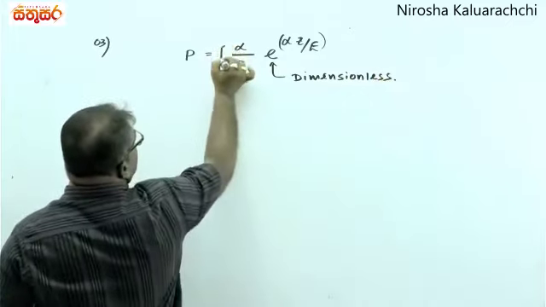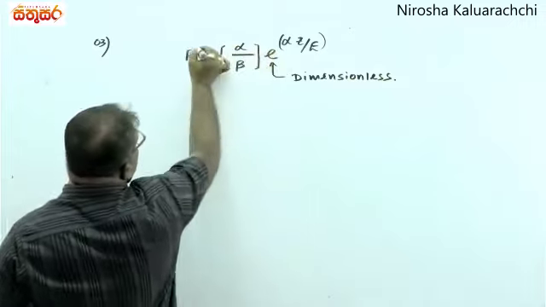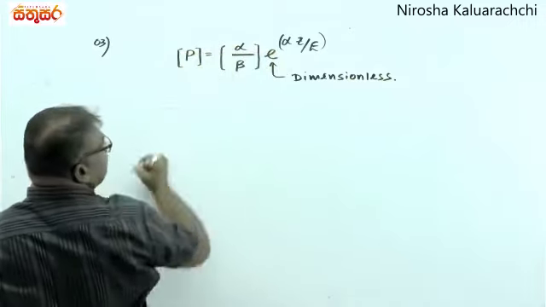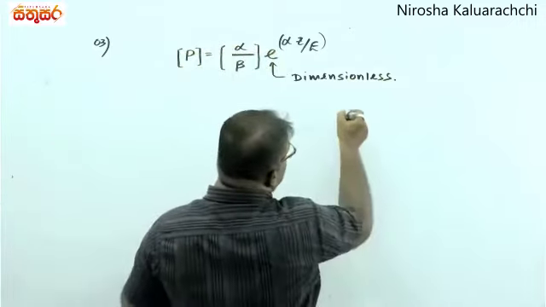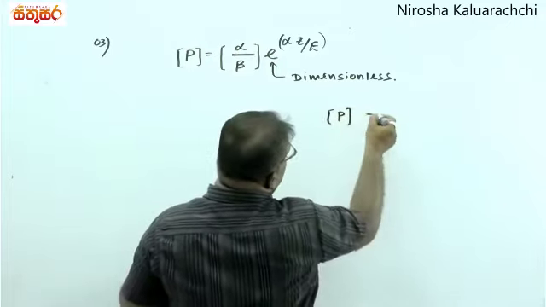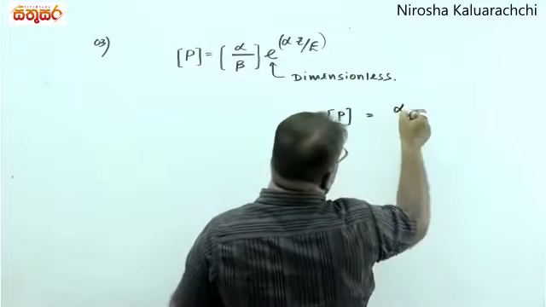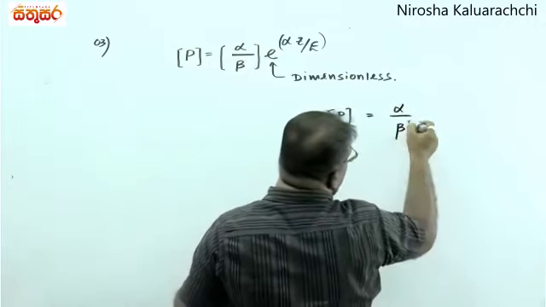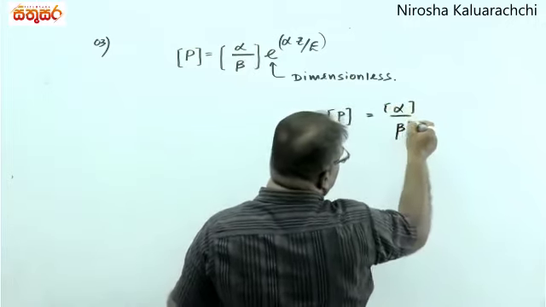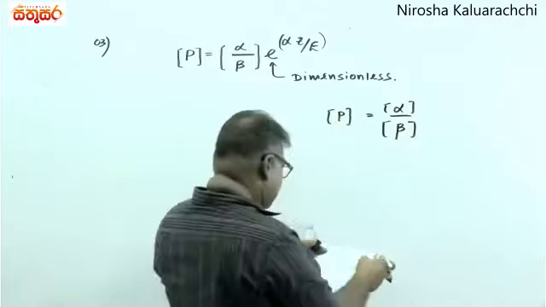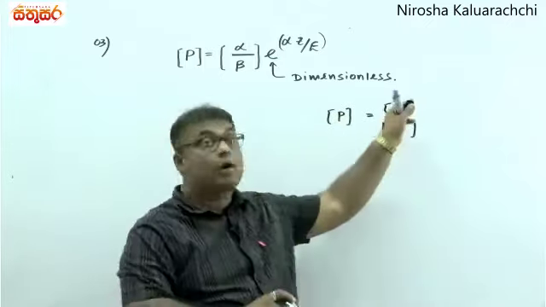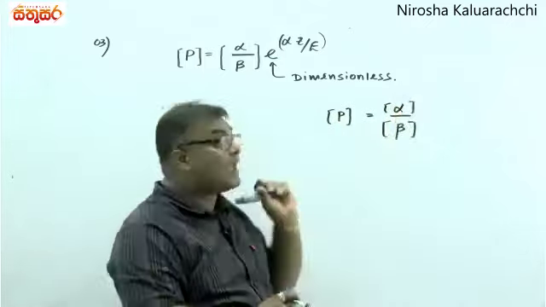Then this one and this one are to be similar. Exactly, the dimension of P is the same as the dimension of alpha over beta. You are asked to find beta. To find beta's dimension, first of all, you have to find the dimension of alpha.